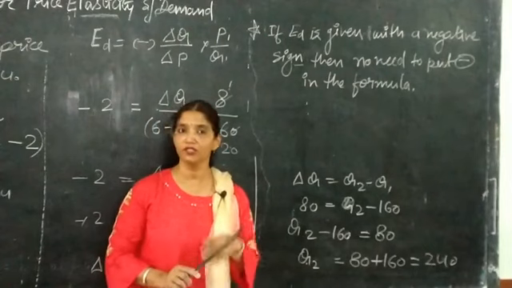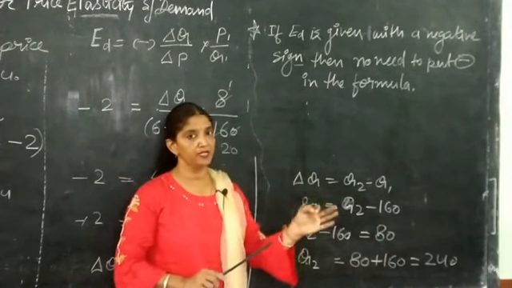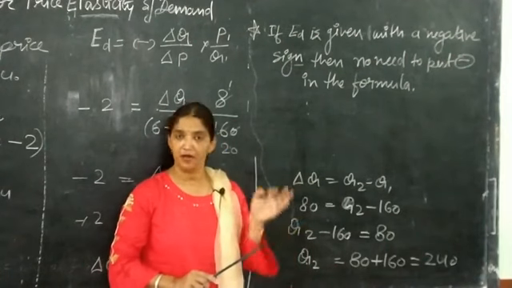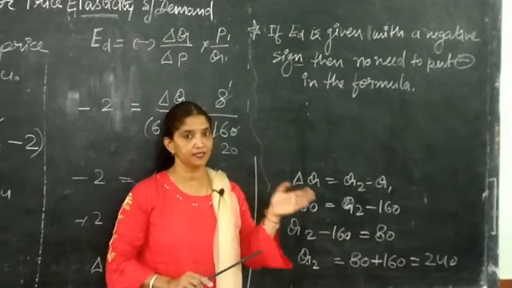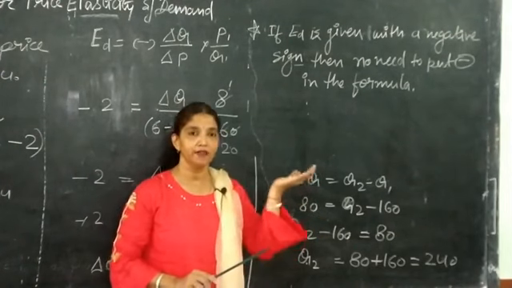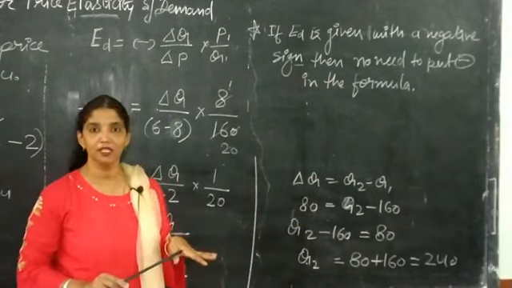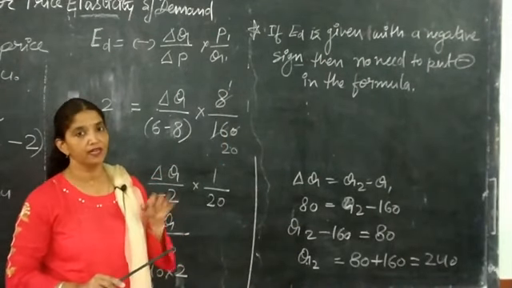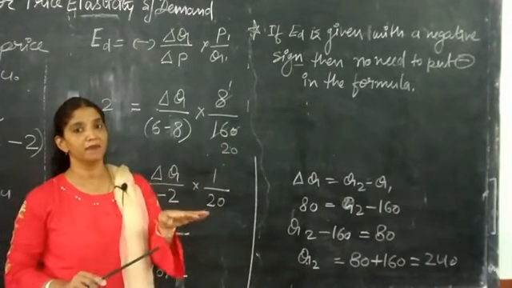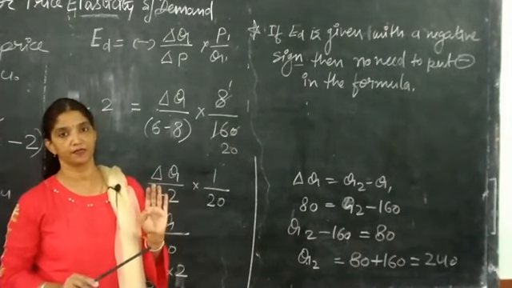Earlier, the consumer was consuming 160 units at a price of rupees 8. The price falls to rupees 6, and after the fall in price, the consumption will increase and the quantity demanded by the consumer is also increased, and this rise in demand is to 240 units.